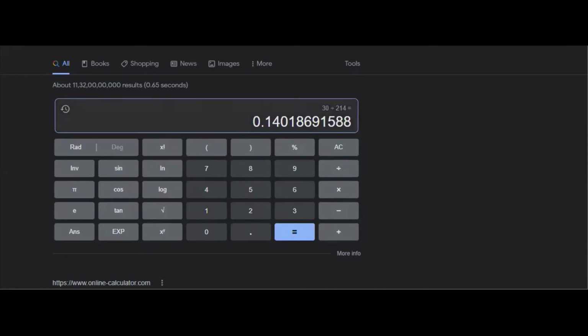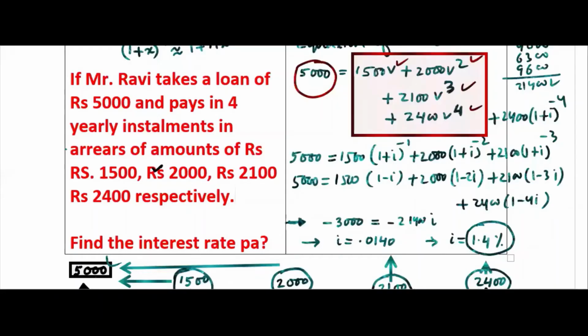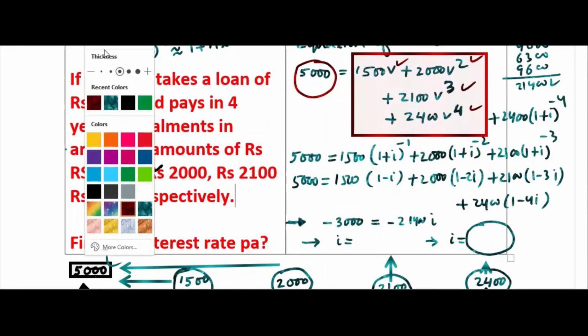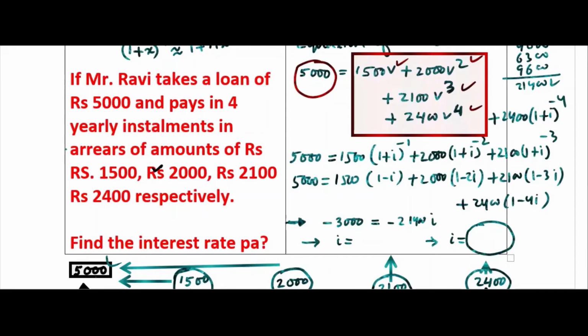Okay, that's the problem. I did wrong. Around, what is that? 14.01. Okay, let me correct everything. 14.01%. This way only your study will be.